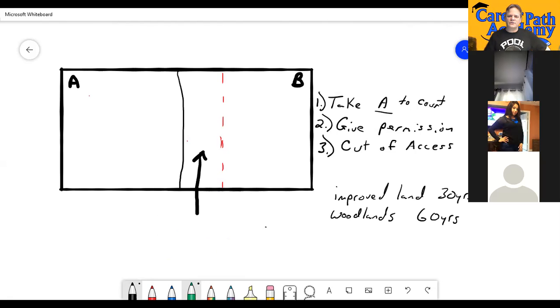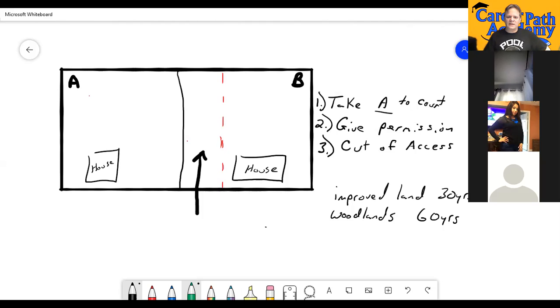So let's just say there's a house on the property. Guess what? That's improved land, okay? So they got to keep this there for 30 years.